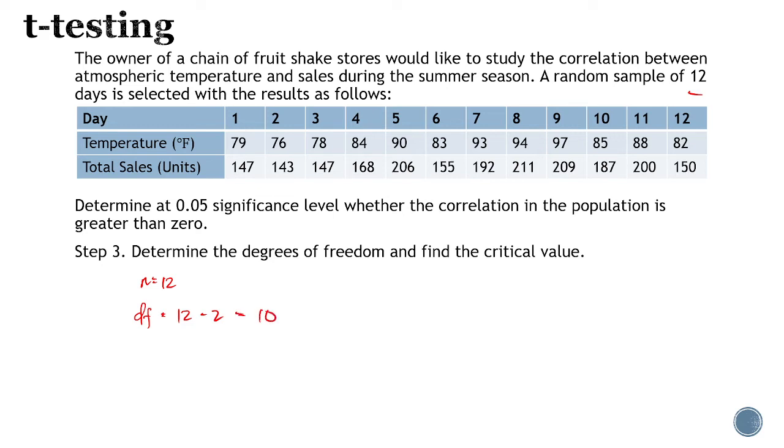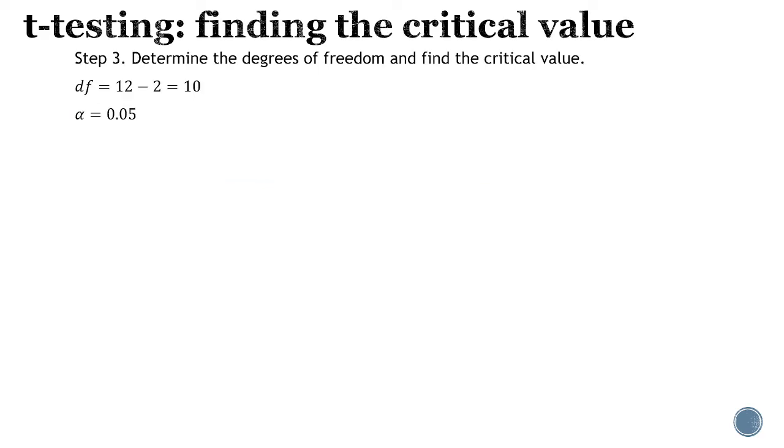So, yun lang yung kailangan natin para dun sa first part ng step 3. And for the next part, we need to find the critical value or the T critical value. So, paano ba natin yung gagawin? Keep in mind na ang DF natin ay 12 minus 2, which is 10, and our level of significance is 0.05.